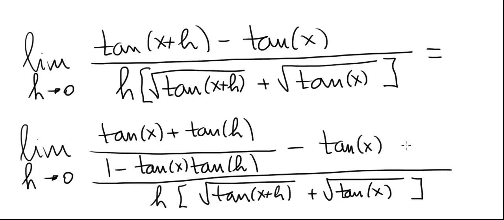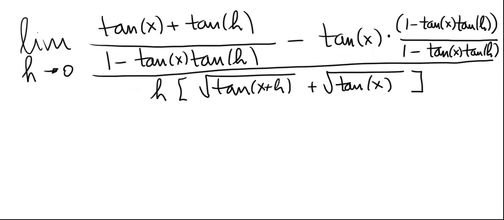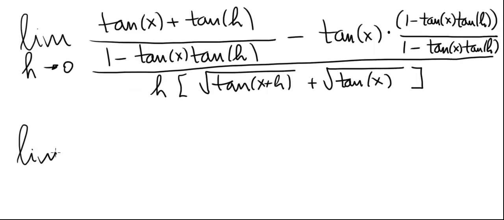Now what we need to do in the numerator is get a common denominator, so we'll multiply the tangent of x here by 1 minus tangent of x times tangent of h, and of course divide this by 1 minus tangent of x times the tangent of h. And let's see, the next step then is to have the numerator simplified. So this is h goes to 0. We have tangent of x plus the tangent of h.